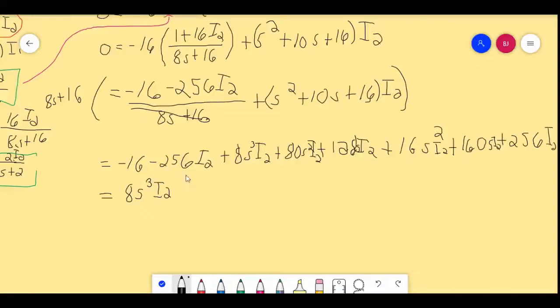Then for s squared, we have 80s squared and 16s squared, so that would be 96s squared I2.